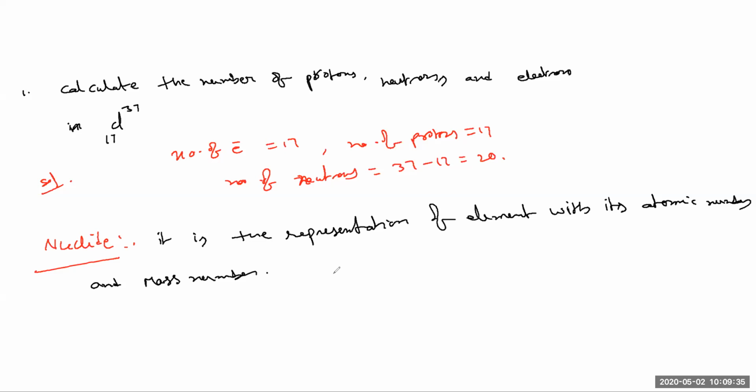Example, X with A and Z. This is a nuclear representation. Here X is the element, A is the mass number, and Z is the atomic number.